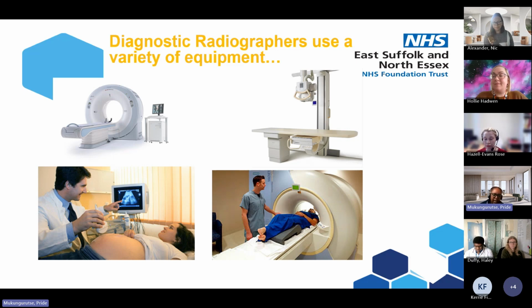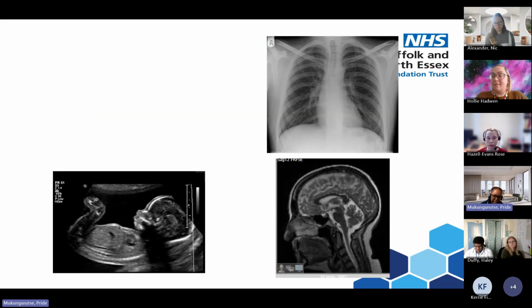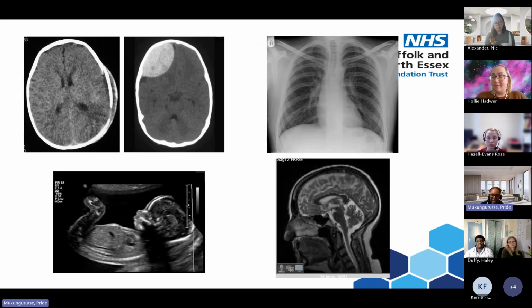But this is generally what most imaging departments would have. They would have an X-ray department, a CT department, an MRI or an ultrasound department. So these are quite common. And the images that we tend to see are all different depending on the modality that has been used.